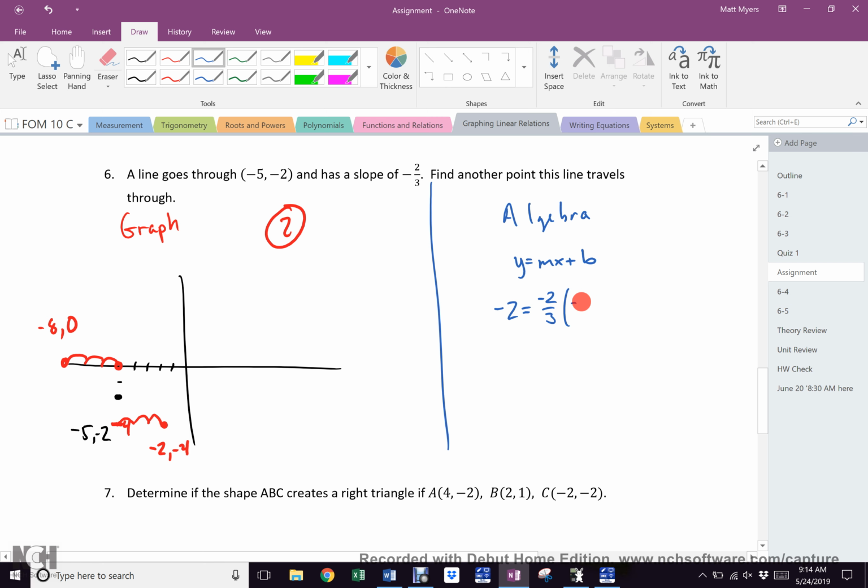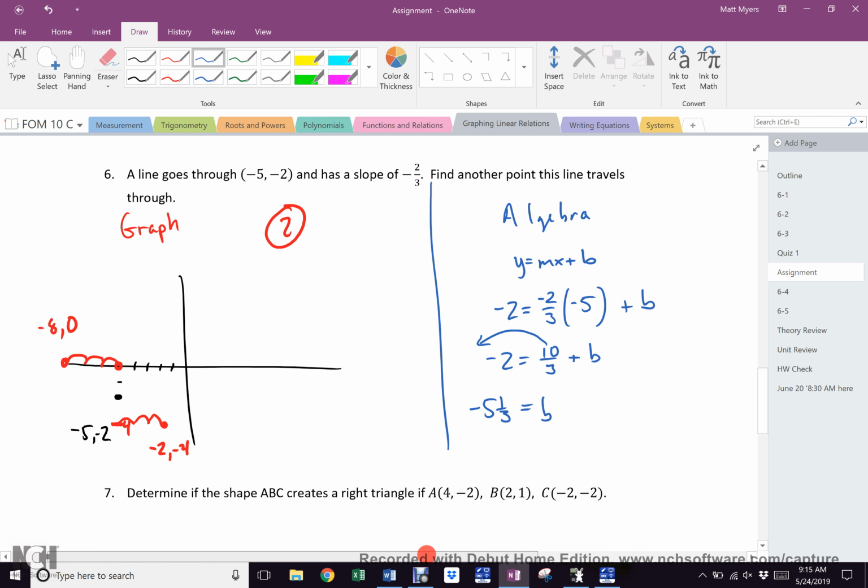What is it? -5, plus b. -5 times -2/3 is 10/3 plus b, yes? 10/3 is 3 1/3, yes? So if I bring that over here, what will become of it? It will be negative. I already have -2, and now I have -3 1/3 more, yes? So b equals -5 1/3, yes?